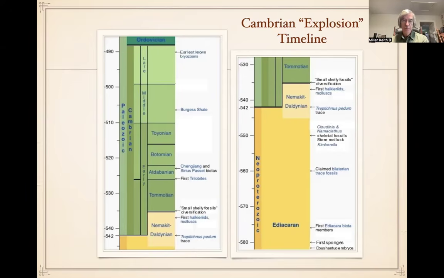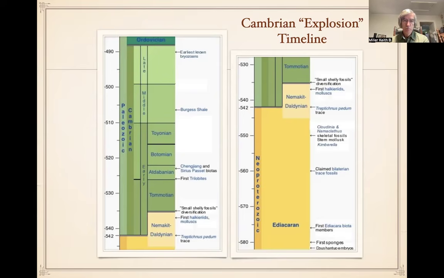If you define the Cambrian explosion as the time interval during which modern phyla appeared, beginning with the sponges and ending with the last appearing modern skeletonized group, which is the bryozoans: first sponges appear about 580 million years ago, the first bryozoans about 490 million years ago. That's 90 million years.